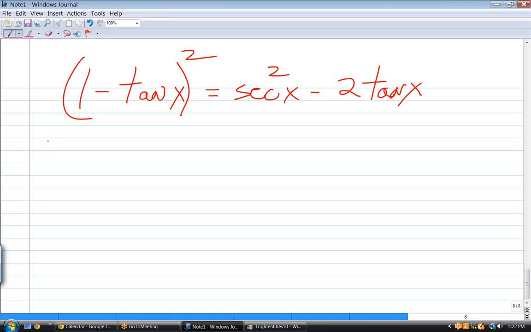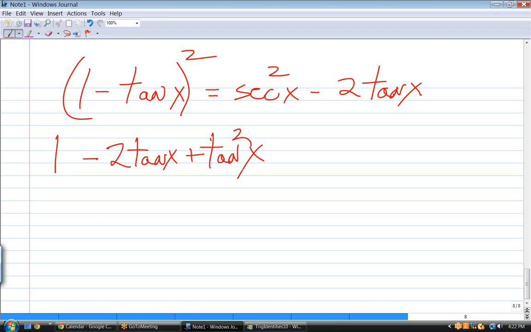It'd be tan squared. Hold it. Start with that. Go left to right whenever you're FOILing. So it's 1 minus 2 tan x plus what?